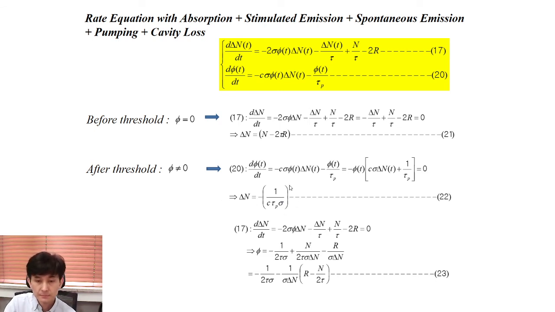As delta n is given, we put it into equation 17, and then we have the relation for phi. Putting delta n into this, we have phi here, and phi is equal to 1 over 2 tau sigma times this expression.